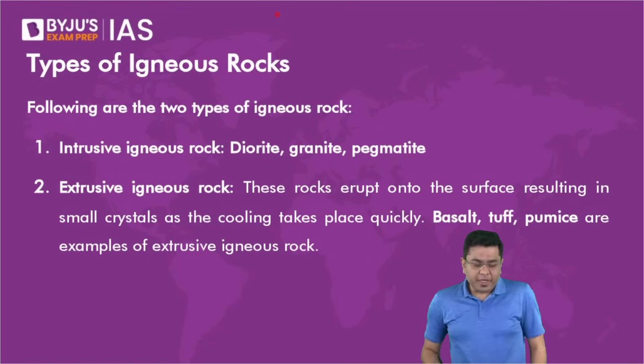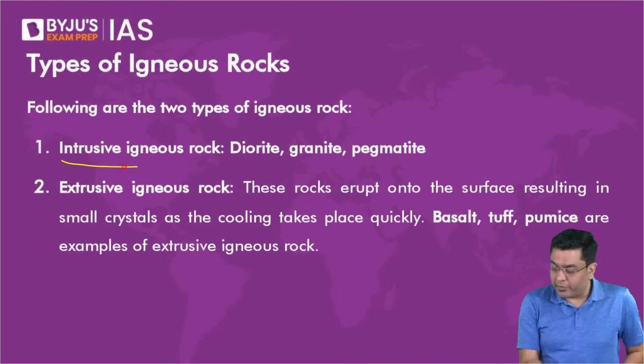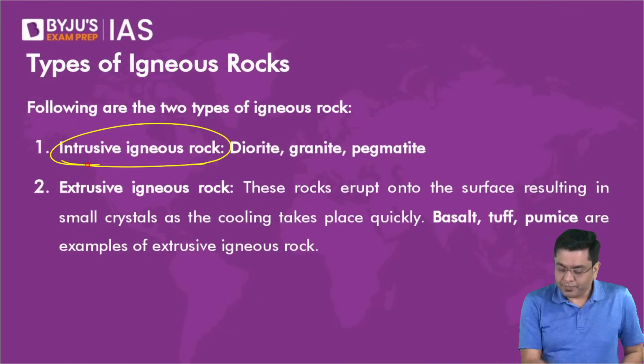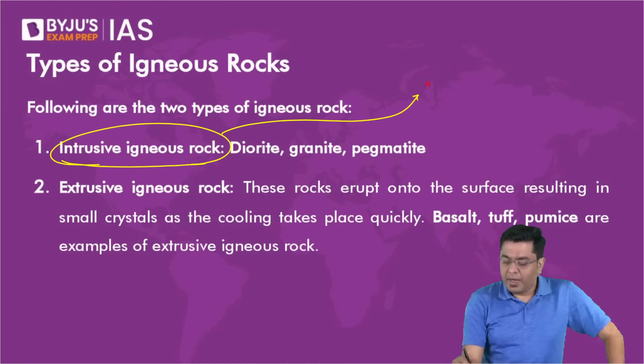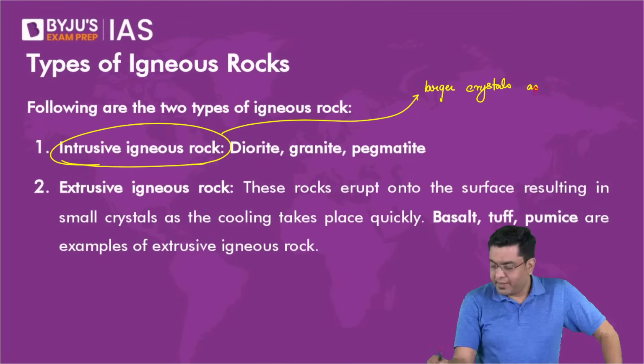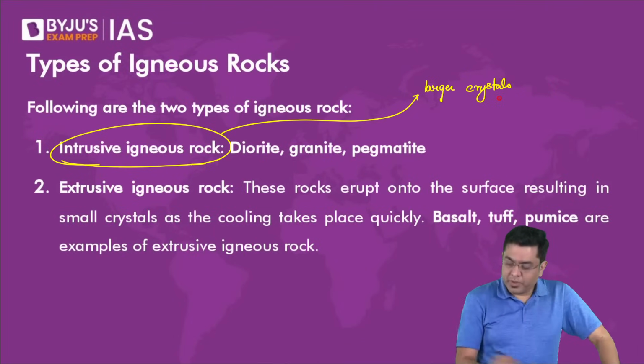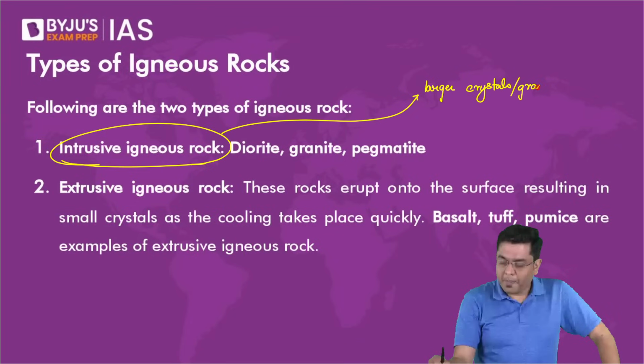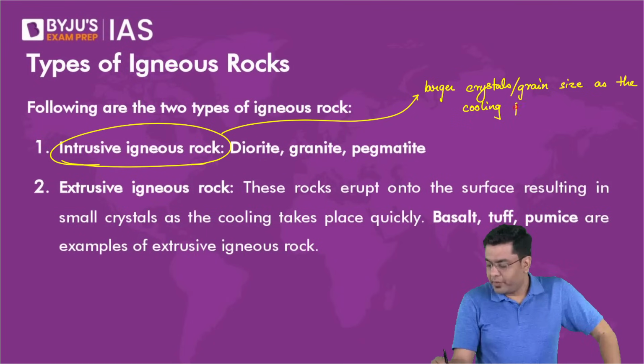So, when we talk about the intrusive igneous rocks, they have larger crystals, or simply put, grains, as the cooling process is very slow.